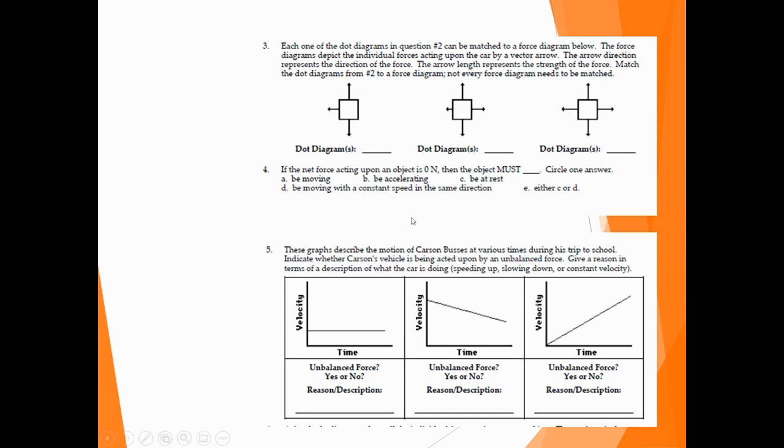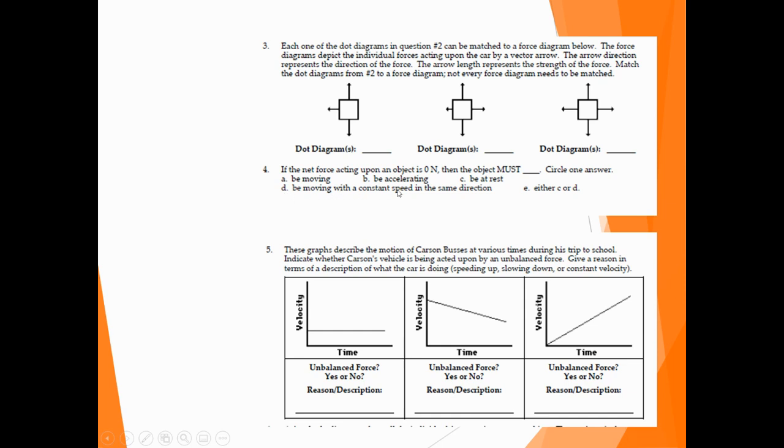Number 4. If the net force acting upon the object is 0 newtons, then the object must... So circle one answer. A, it must be moving. Well, it could be moving. B, be accelerating. No, it shouldn't be accelerating if it's balanced forces. C, be at rest. Well, it could be at rest.